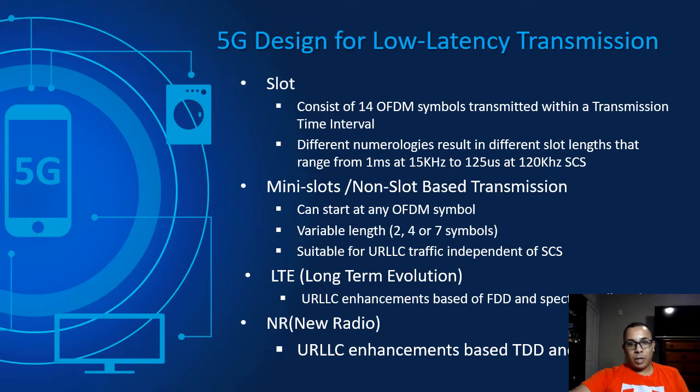On long-term evolution systems, ultra reliable low latency communication enhancements are based on FDD, frequency division duplexing, and spectrum efficiency. On new radio, they're based on enhancements based on time division duplexing.